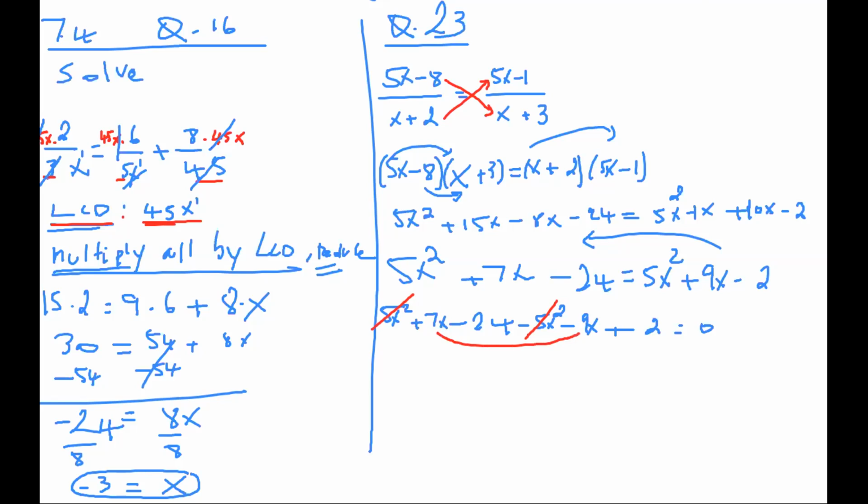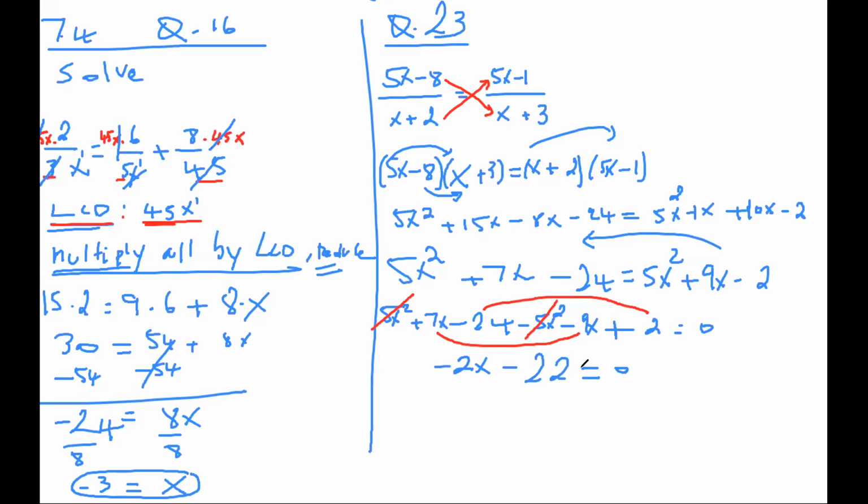So what's 7x minus 9x? Minus 2x. That's right, minus 2x. And you have negative 24 plus 2. Negative 22. That's right, negative 22 and 0.